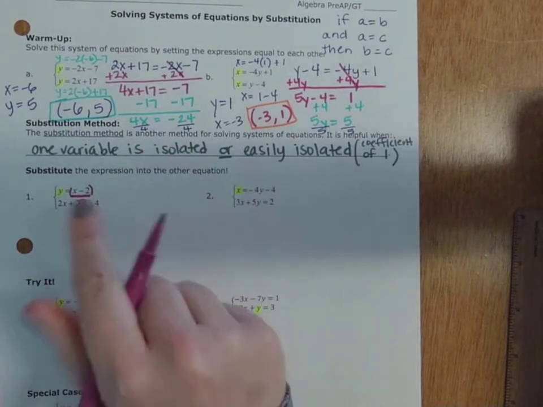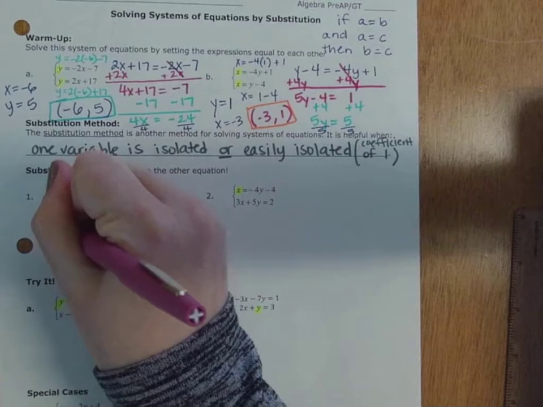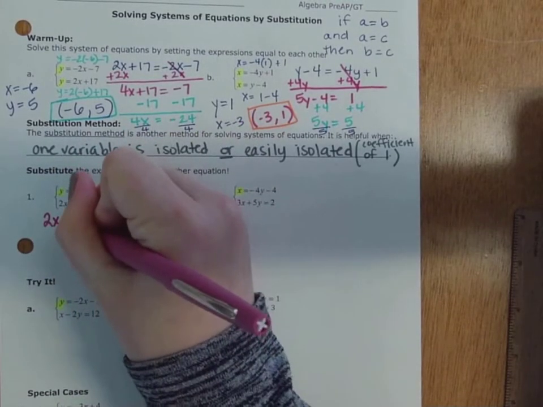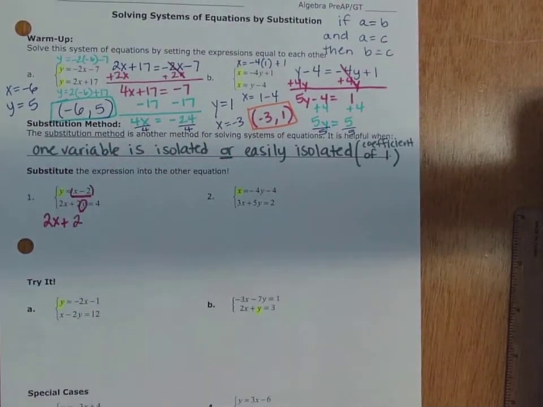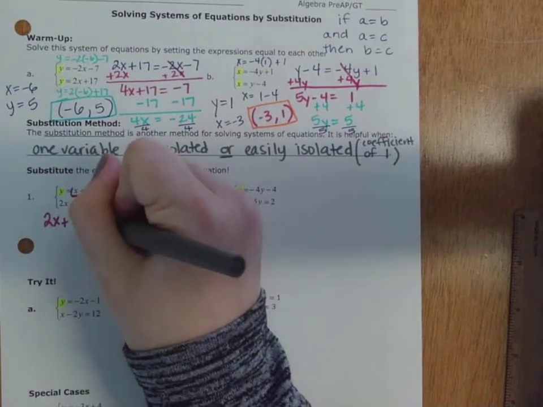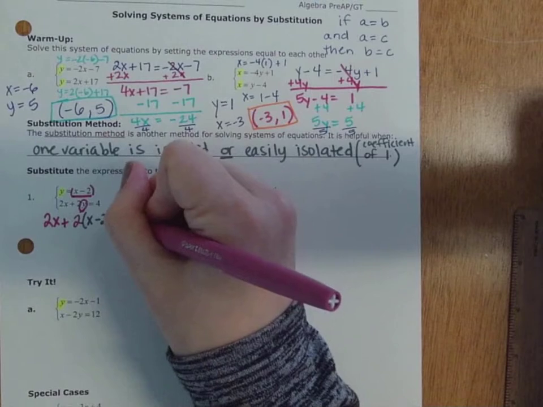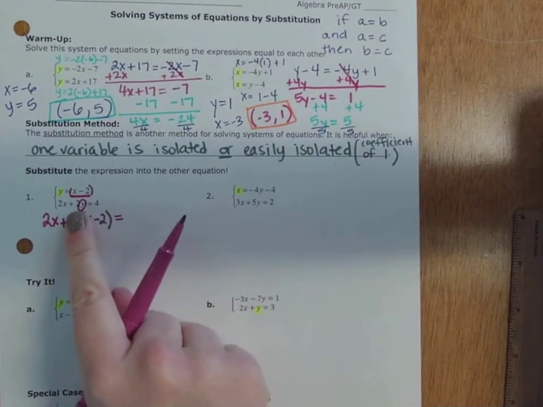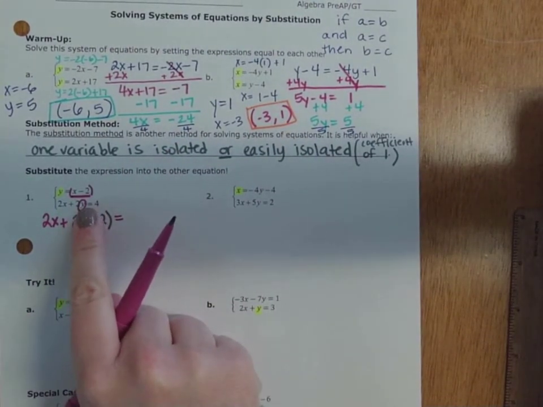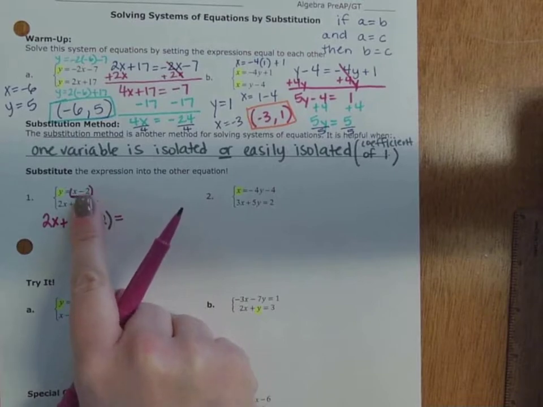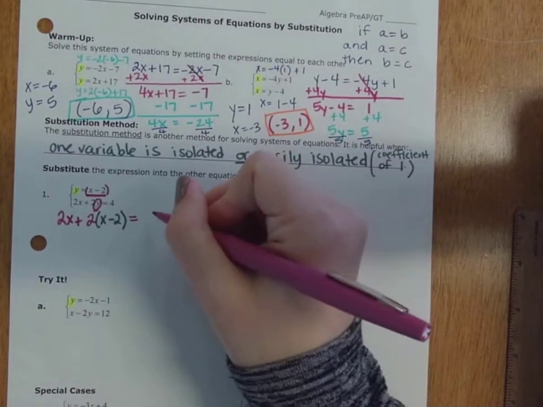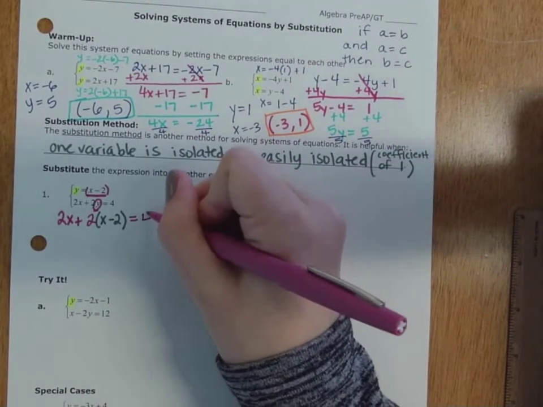So I start with 2x plus 2, but instead of writing y, what am I going to write? X minus 2. And the parentheses are very important. Unless it just has plus y by itself, you're going to want to use parentheses. Times x minus 2. Because it's times, right, like it's 2 times y, so it's 2 times x minus 2. Equals what? 4.